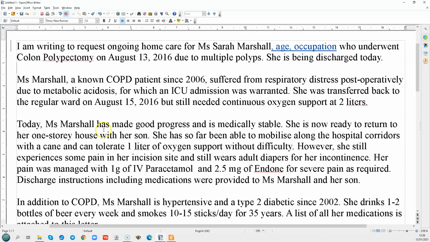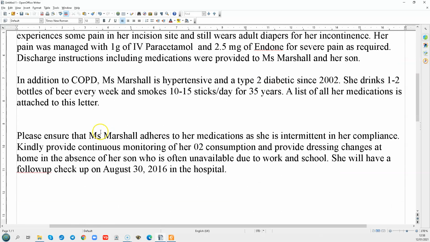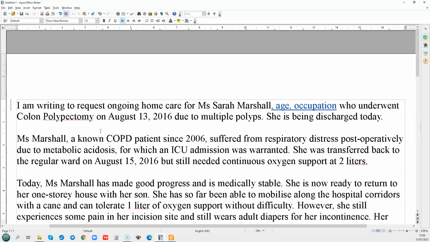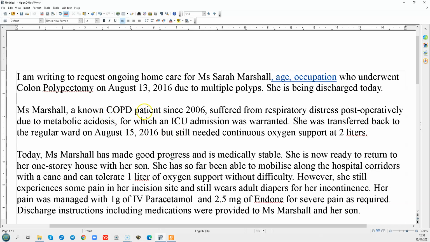Okay. Now, I would be tempted to put the history in paragraph 2. So you've got COPD since 2006 as post-operative. So this is like a history, and yet this is what happened in the operation. So I wouldn't mix themes within a paragraph.